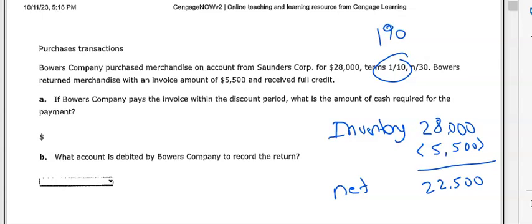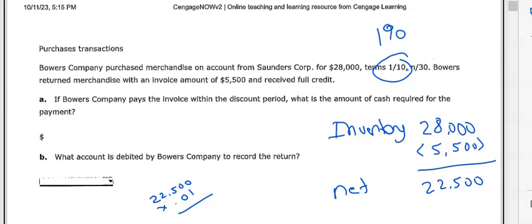All right, if Bowers Company pays the invoice within the discount period, what is the amount of cash required for the payment? So $22,500 is the cost of our inventory. But if we pay within 10 days, that's our discount period, then we can take a 1% discount. And so we can say $22,500 times 1% and subtract that. So that would look like this: 22,500 times 0.01.